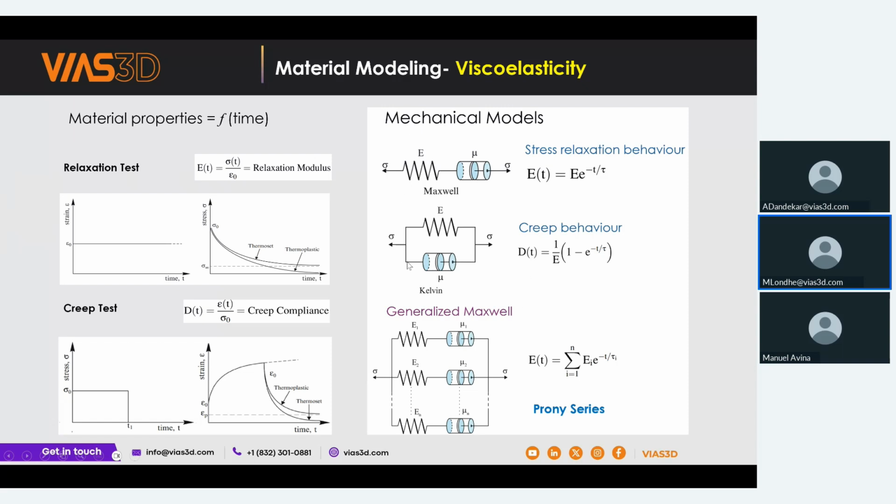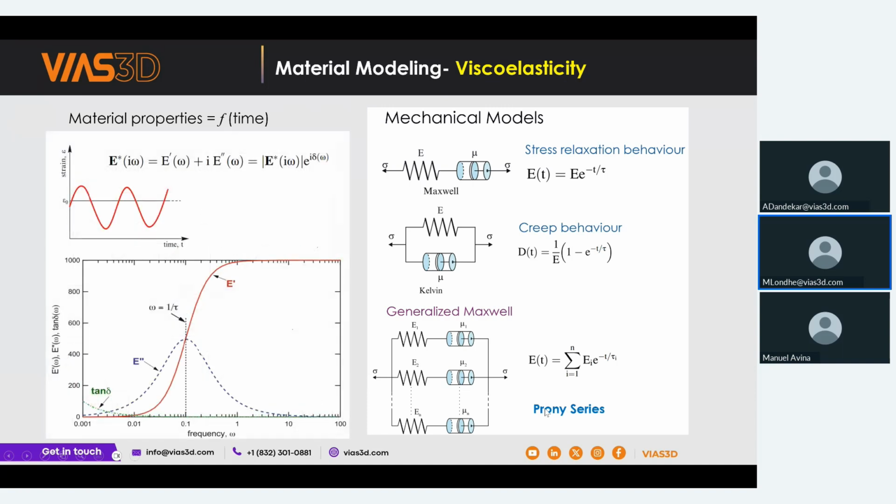But an actual material will generally have Maxwell or Kelvin models in series. That means this tau, the relaxation time or relaxation constant, has multiple relaxation constants. So we generally represent the material by combining these basic blocks in parallel or in series. Here is the equation; such an equation is generally termed a Prony series.